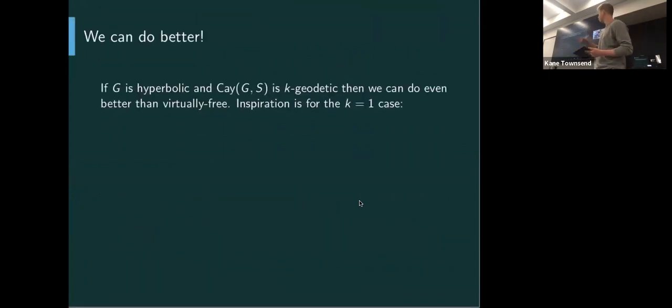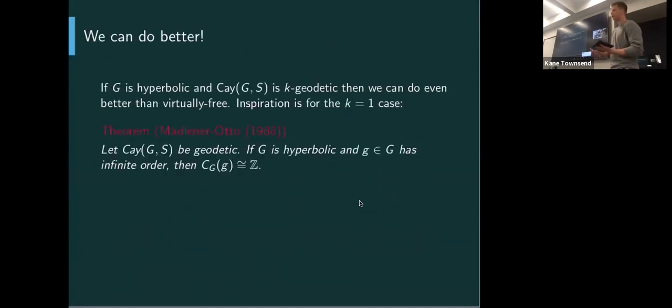So the news is we can do even better than virtually free. If G is hyperbolic and our Cayley graph is k-geodetic, then we have some inspiration from the k=1 case, which is from a 1988 paper by Adler and Otto, which says that if the Cayley graph is geodetic, and it's hyperbolic, and an element has infinite order, then the centralizer of this element is an infinite cyclic group.